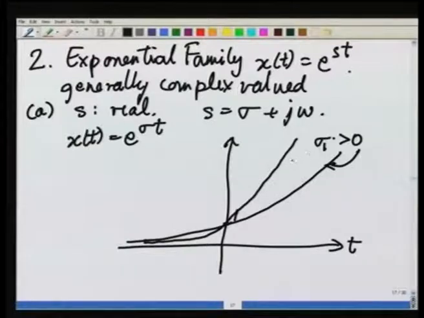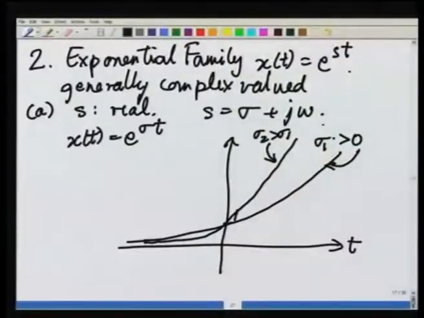This is sigma 2 greater than sigma 1. Fine. So, you see, as you make sigma larger and positive, for positive time it rises faster and faster. For negative time it falls faster and faster.